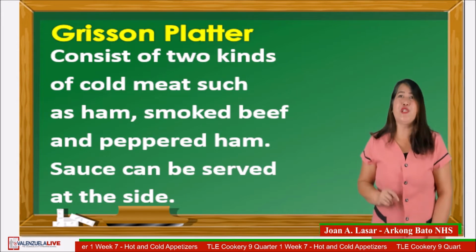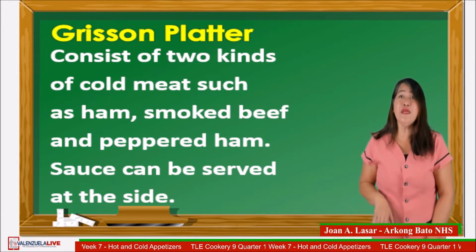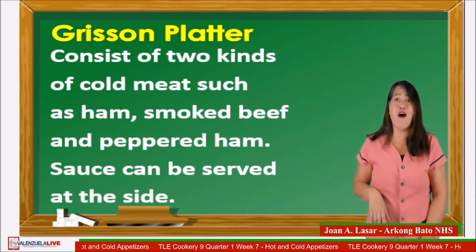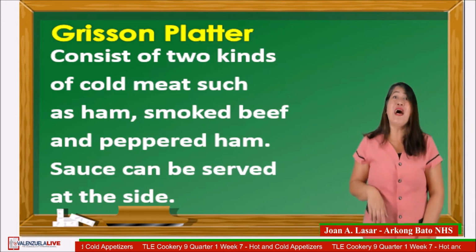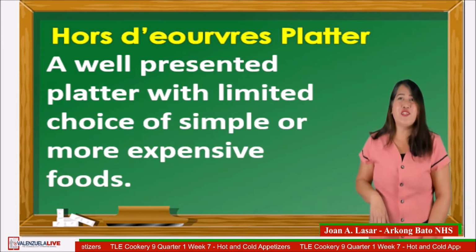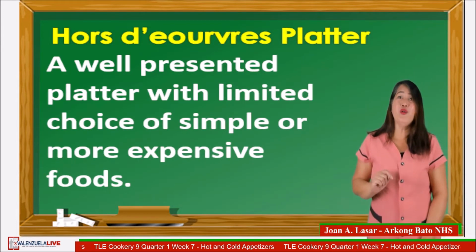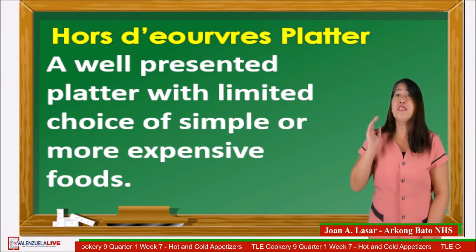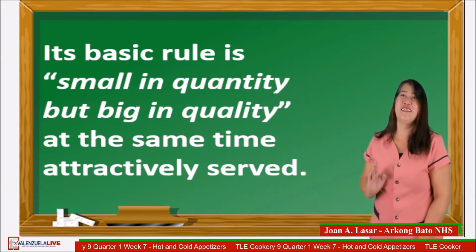Crescent platter consists of 2 kinds of cold meat, such as ham, smoked beef, and peppered ham. Sauce can be served at the side. Hors d'oeuvres platter, a well-presented platter with limited choice of simple or more expensive foods.